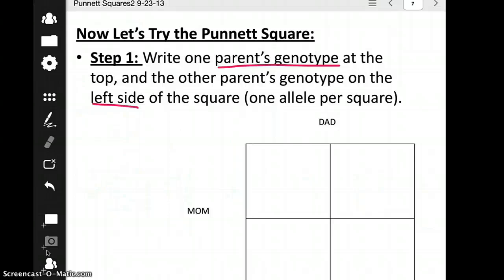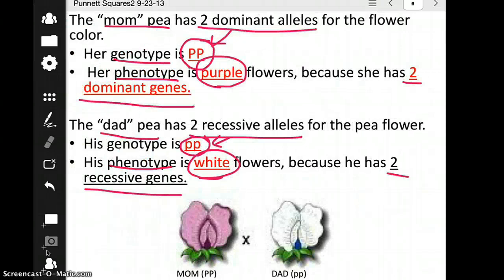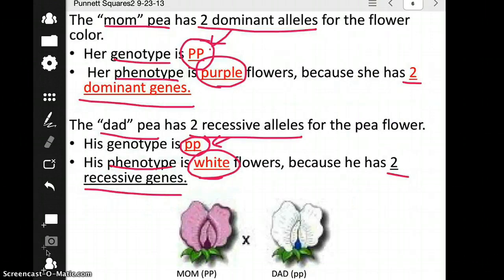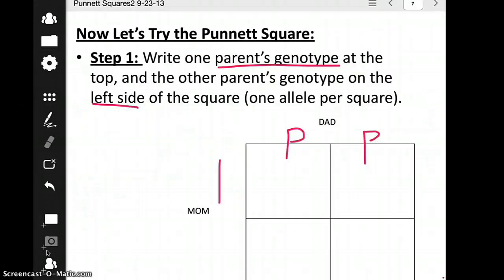We're going to put dad at the top, mom at the side. All right, so dad's genotype, do you remember what it was? Dad's genotype was little p, little p. So you're going to write little p here and little p here. And mom's genotype was big P, big P, right? So you're going to put big P here, like that. Okay?